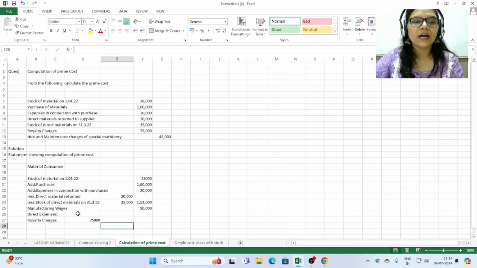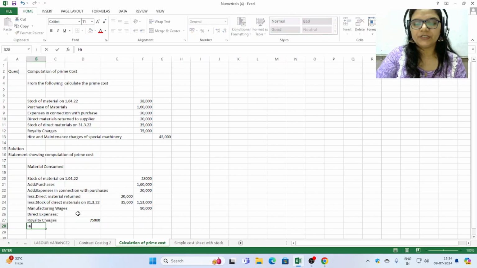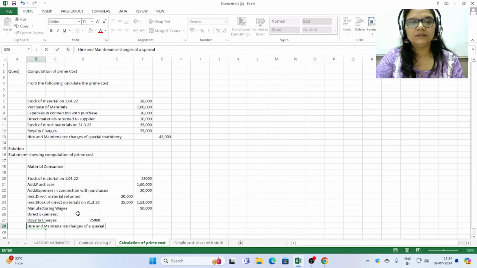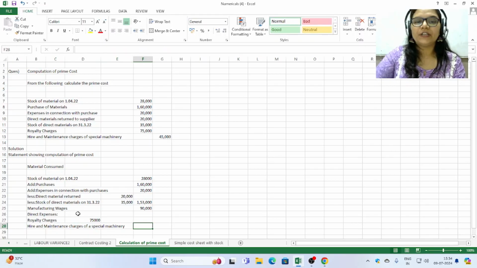Next is your hire and maintenance charges of special machinery, which is 45,000.